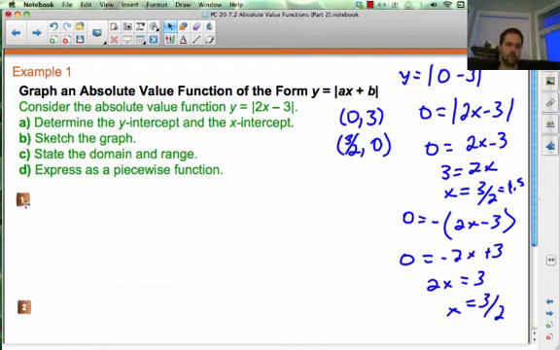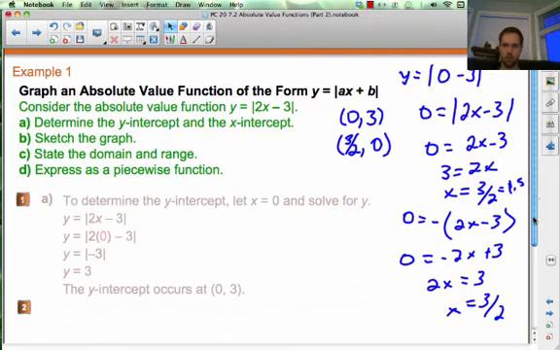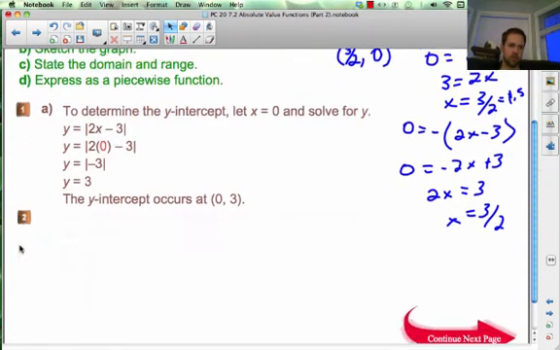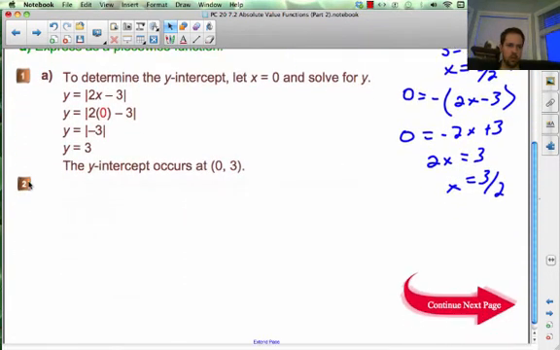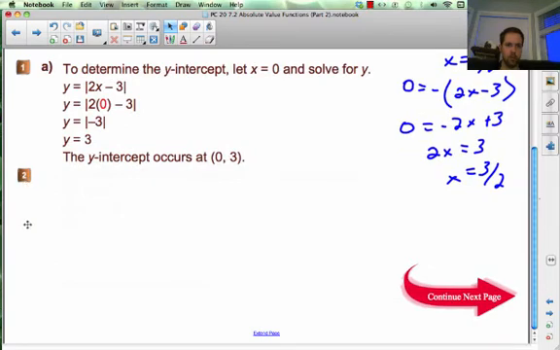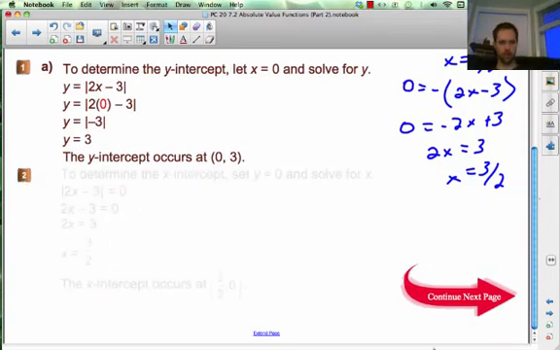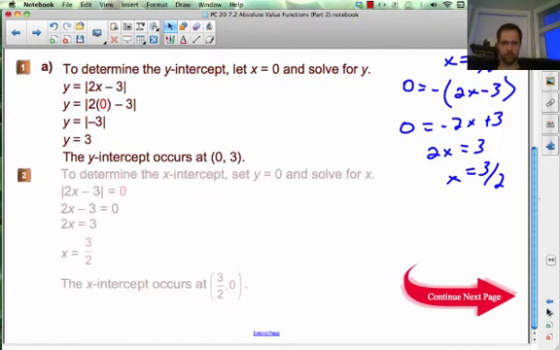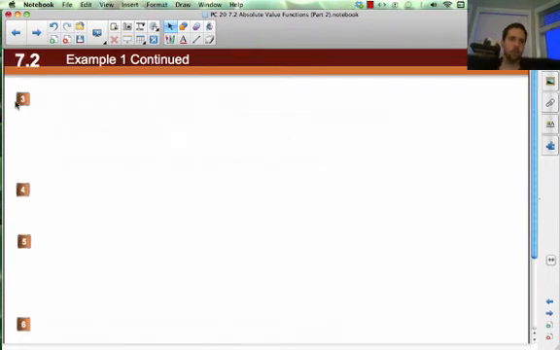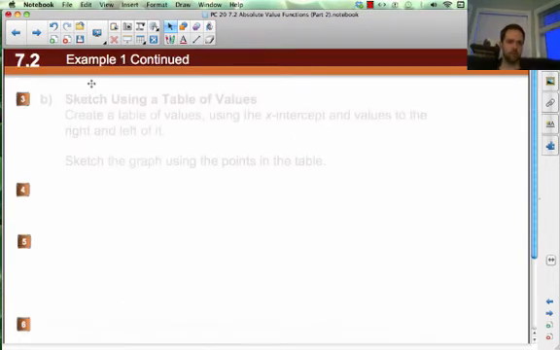Sketch the graph. Okay, so here are our intercepts. You can just double check the work. Okay, there we go. So the graph now.